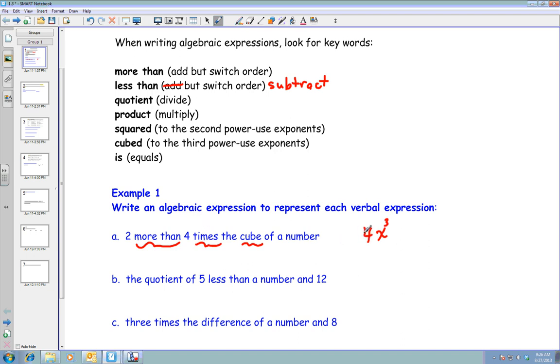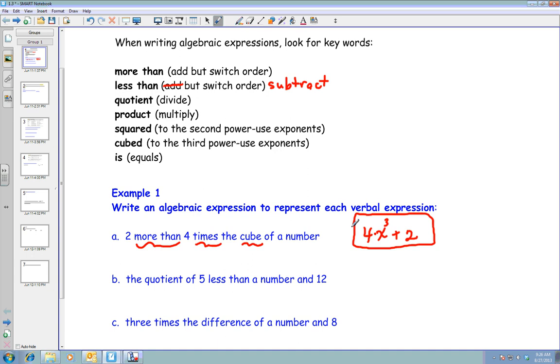So here's 4 times the cube of a number, x cubed, and then I want 2 more than that. So 2 more than means I'm going to add 2 to it. So do you see 2 more than? I put that plus 2 at the end instead of at the beginning. That's what I mean by switching the order. All right, so that's my answer, 4x cubed plus 2.